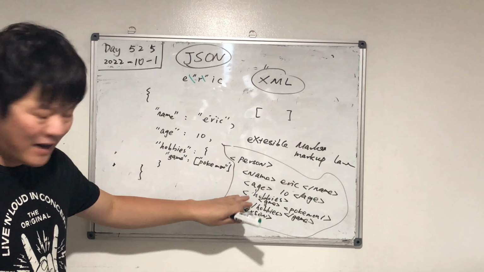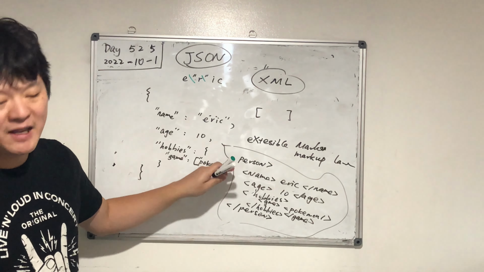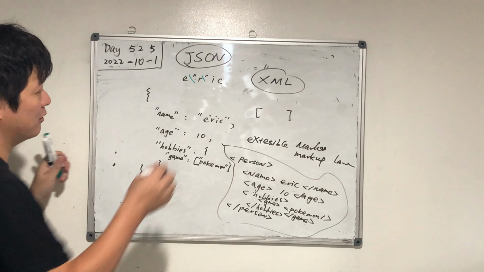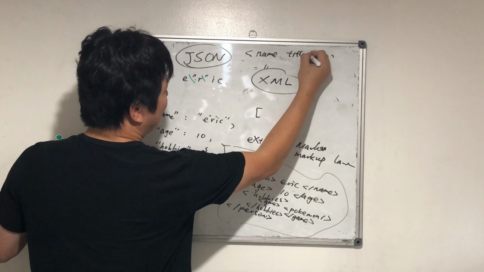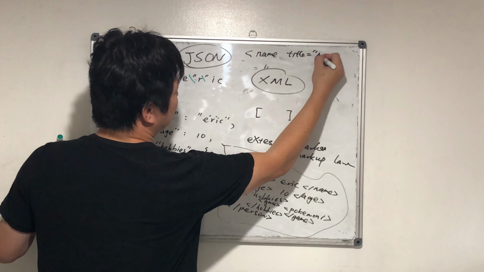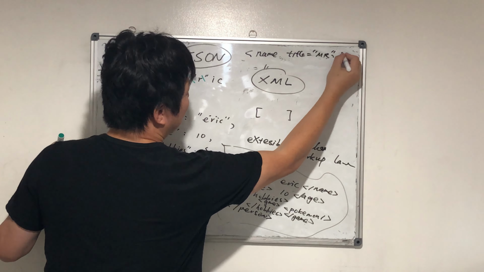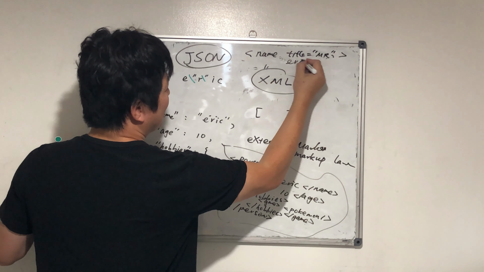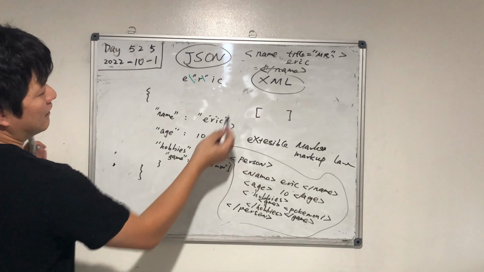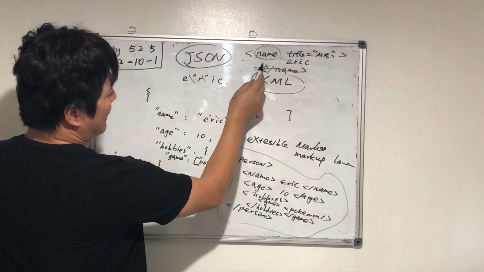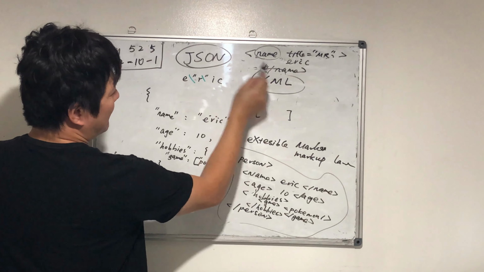Another thing about XML is that an element can contain attributes. For name, you can have an attribute title, Mr., and then Eric. This is the start element and the end element.